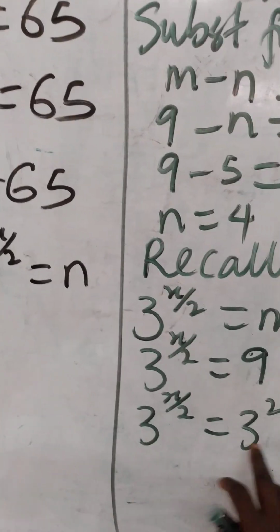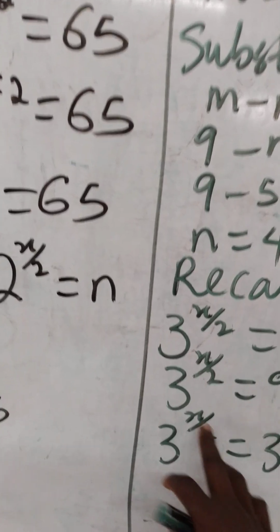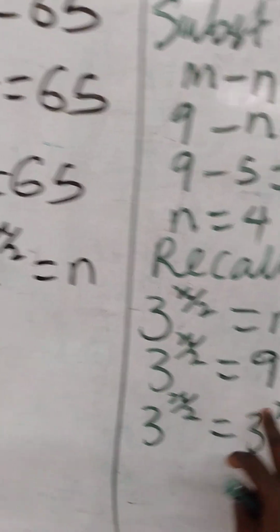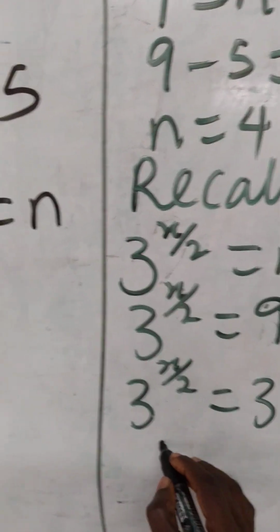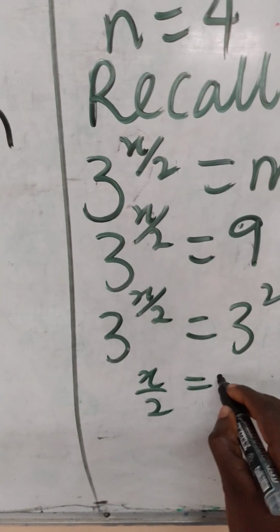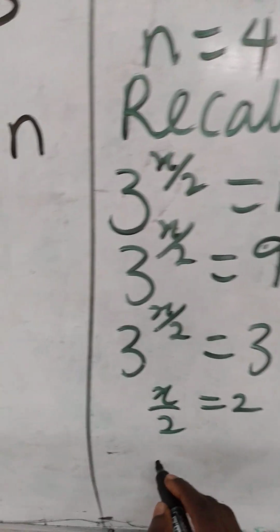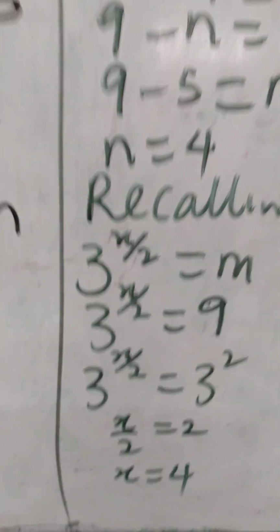Since we have the same base now, we can equate the powers. So s over 2 equals 2. When you cross multiply, s equals 4.